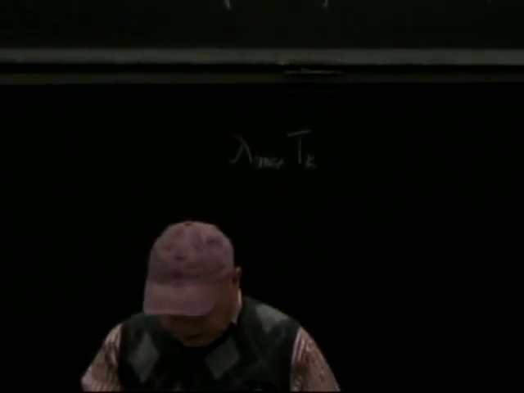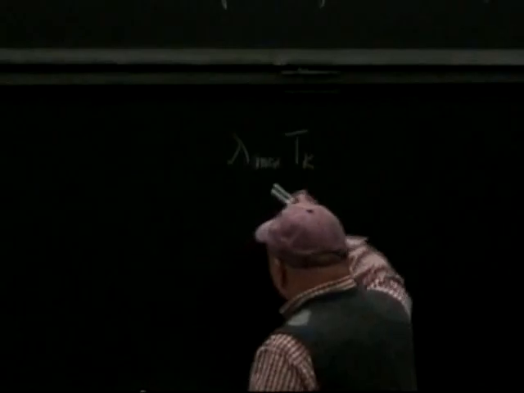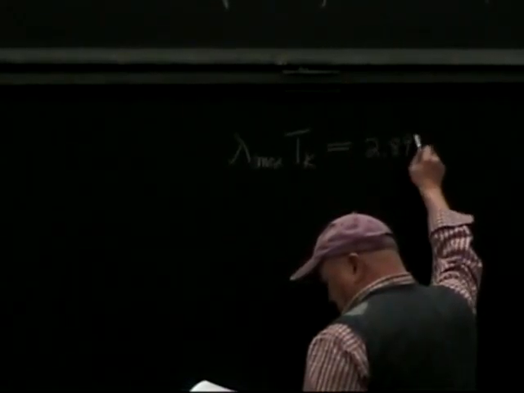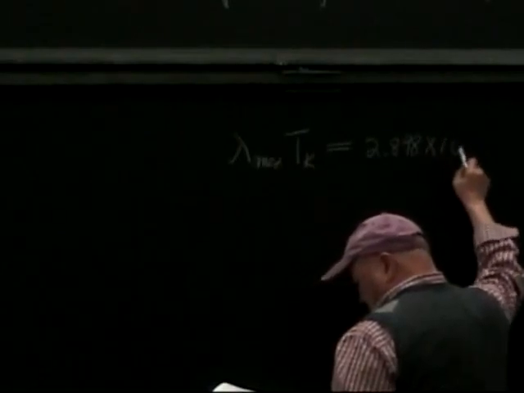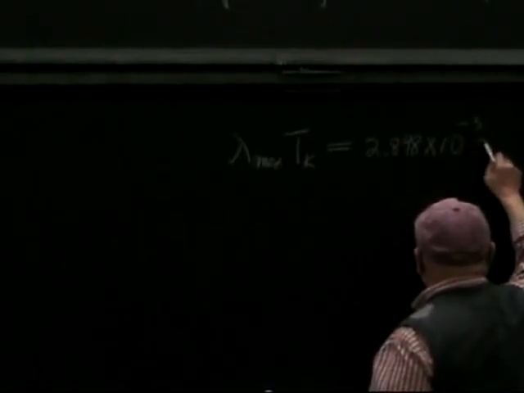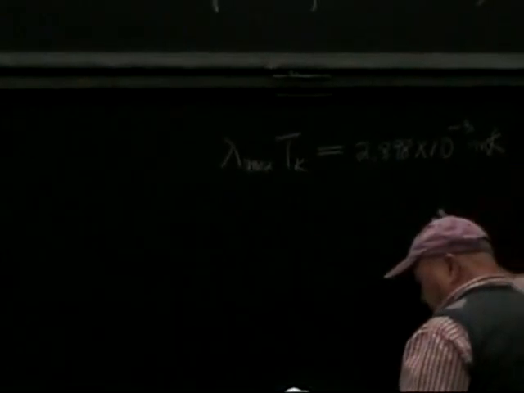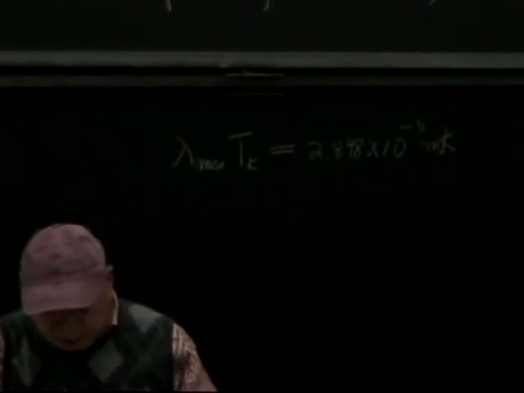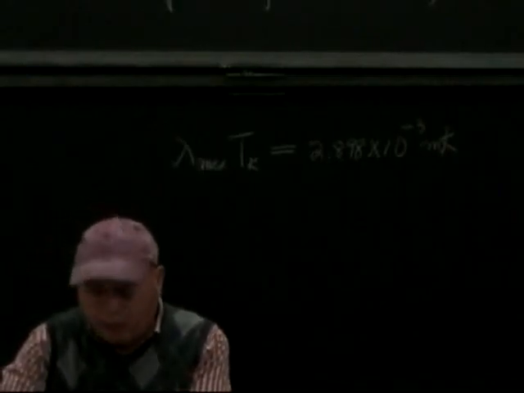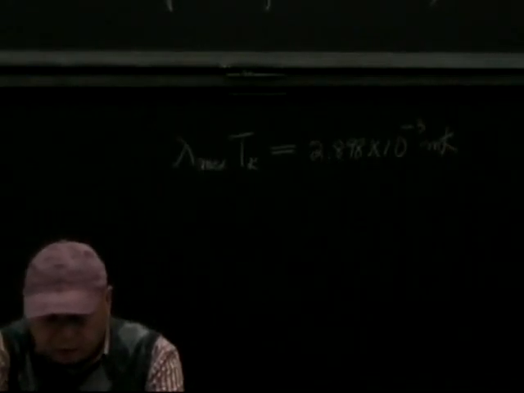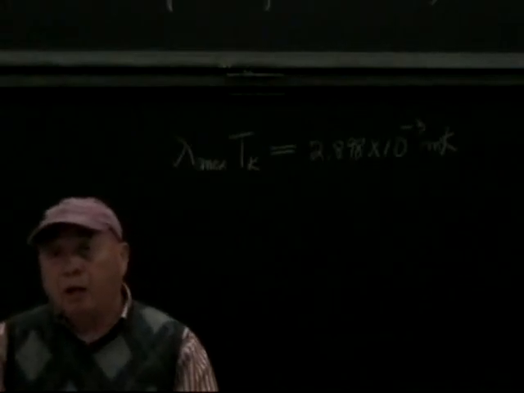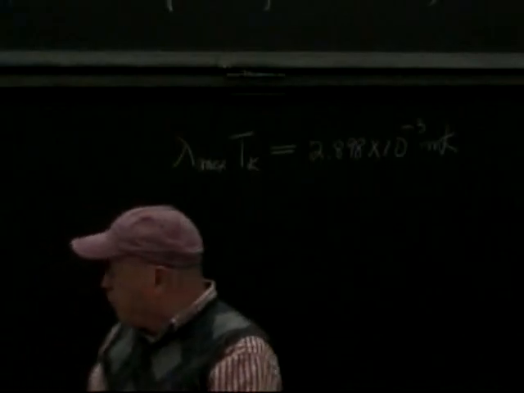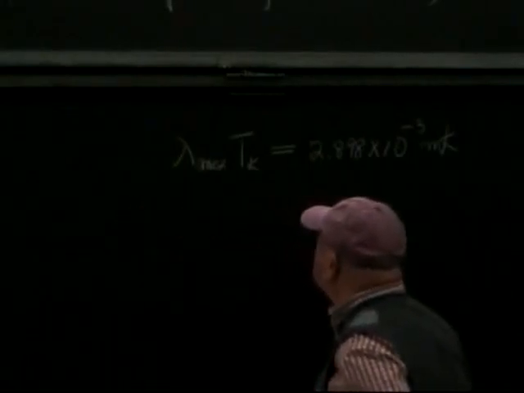That is equal to a constant, 2.898 times 10 to the minus 3 meter Kelvin. This theory can be derived in upper junior or senior physics classes, but not for you this time.